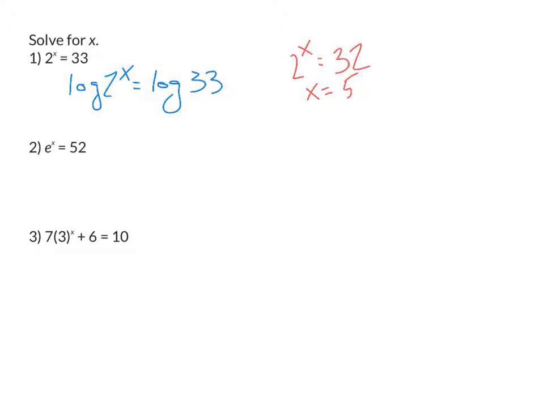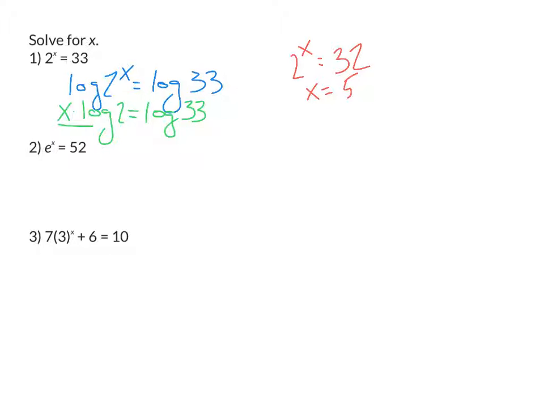But now that I've done this, I have some helps here, because since I can raise this thing to its 2 to the x power, when I have an exponent inside a logarithm, I'm able to pull it out front to show multiplication. So it's x times log of 2 equals log of 33.